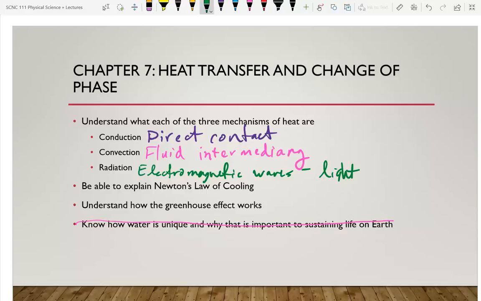What would happen on Earth if the greenhouse effect was too great? There'd still be no life. We'd all be crispy critters. So we have to have something in between for us to survive. It's important for survival, but if it's too much, not good. Too little, not good.